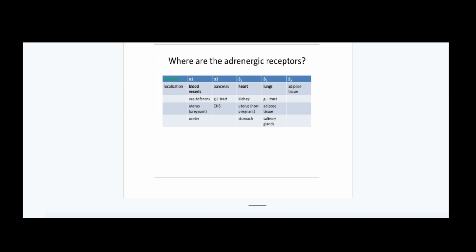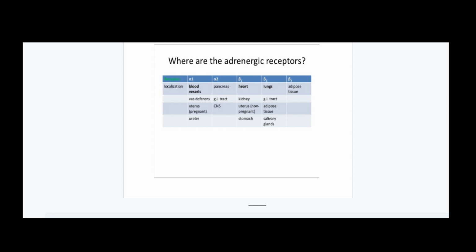If norepinephrine, the fight or flight hormone, right, during sympathetic response is triggered, it will bind to the blood vessel, constrict the blood vessel, and increase blood pressure. That's increased blood flow. Alpha 2 is found in the pancreas, in the GIT. So at certain parts of the brain, alpha 2 can also be stimulated to modulate sympathetic response.